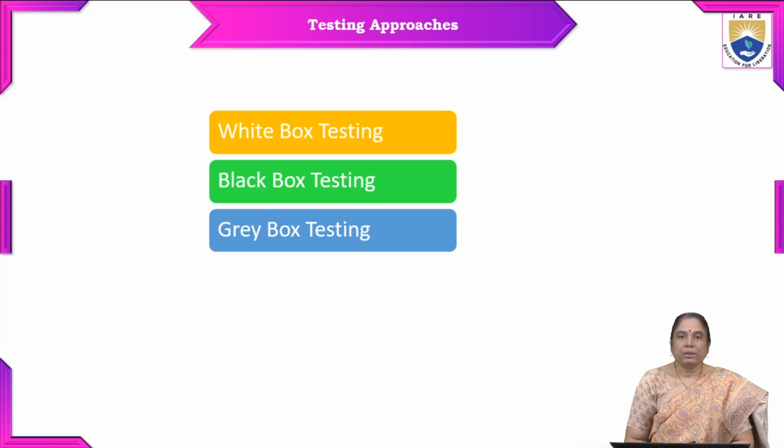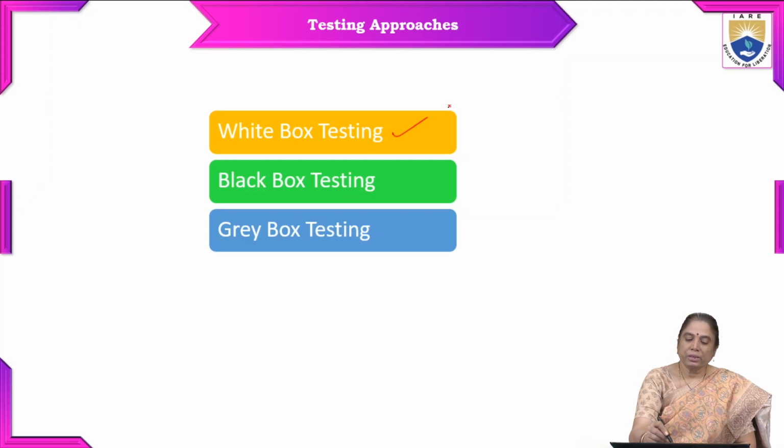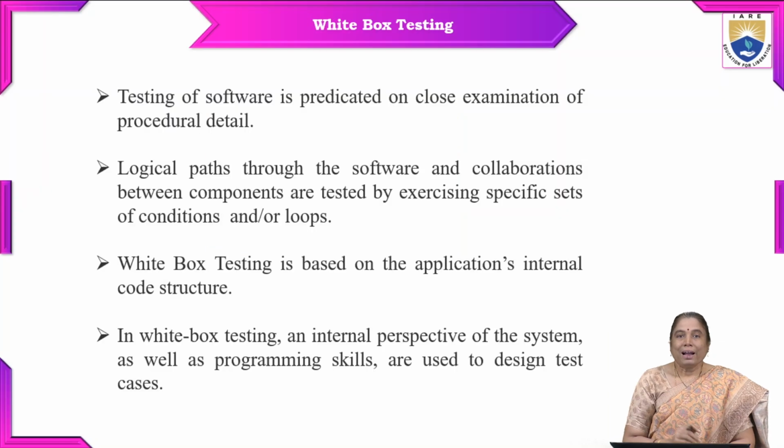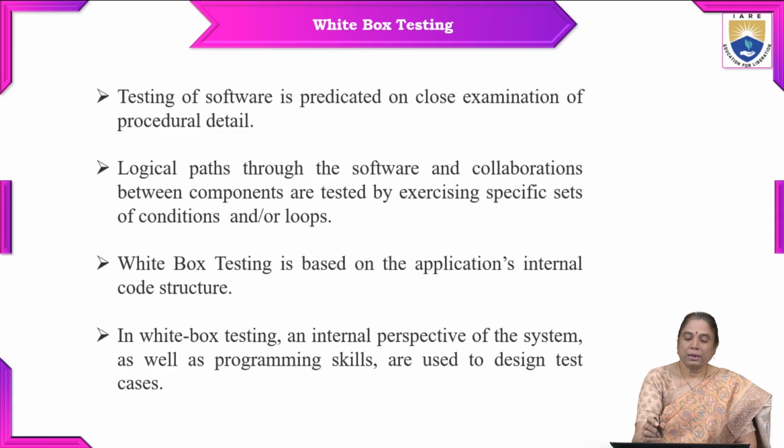Three varieties of testing approaches are available. They are white box testing, black box testing, and grey box testing. White box testing is generally used and considers the program structure, and the testing of software that is predicated on close examination of procedural details.